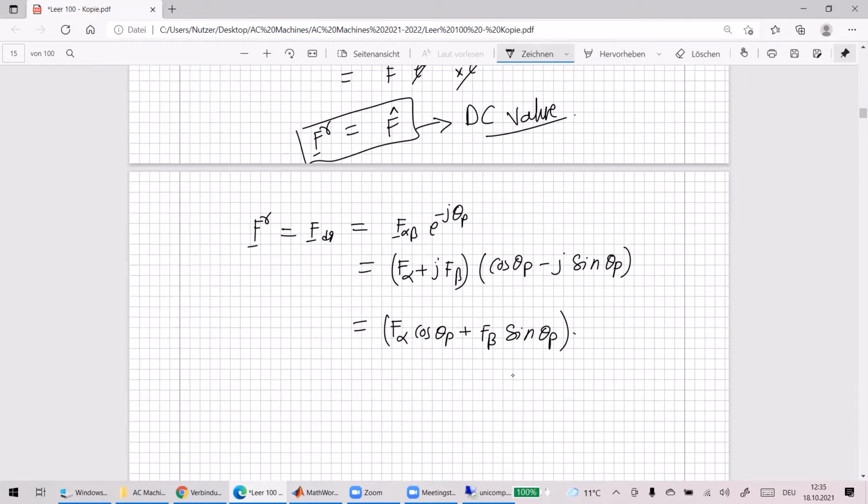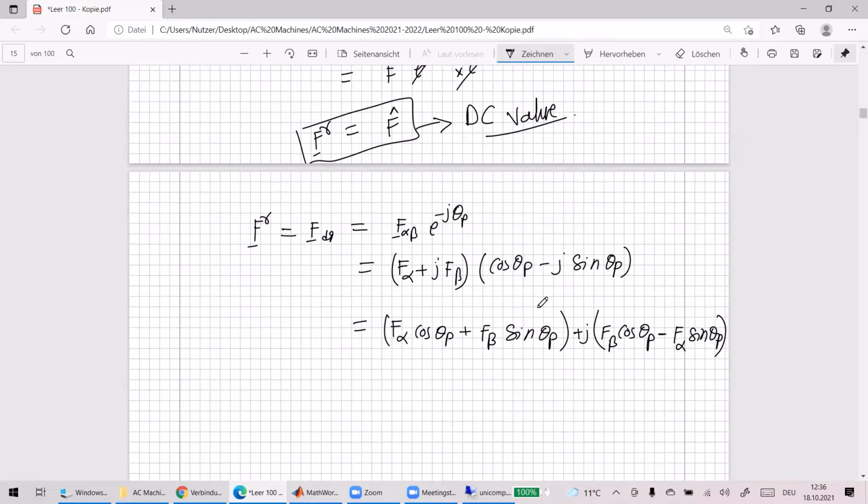So we have the real part like this and plus j times F beta cos theta p minus F alpha sine theta p. Is this correct? It's fine, I guess.